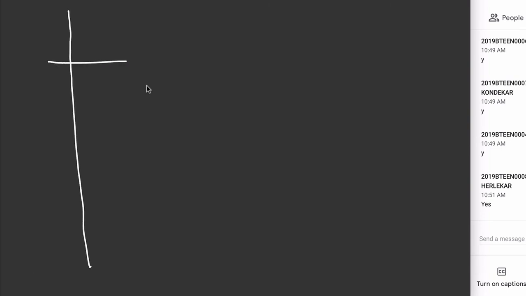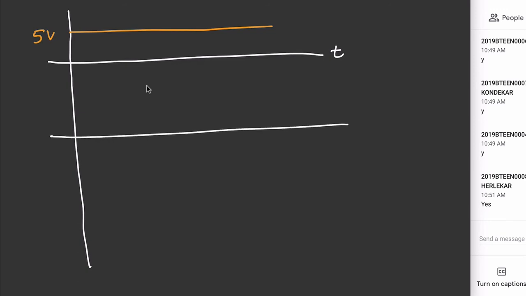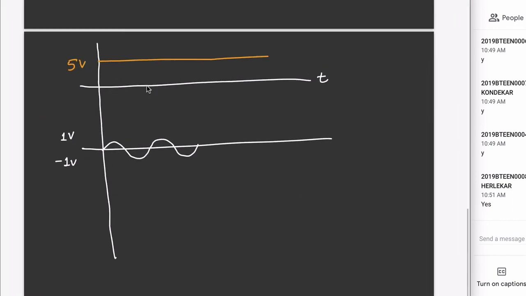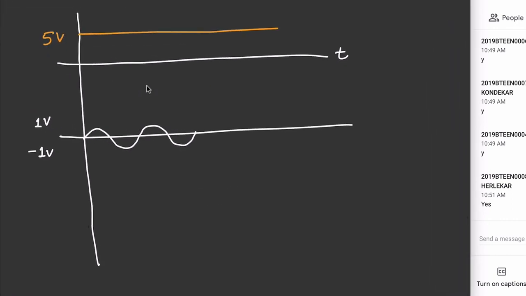Given data is like this. We have two waveforms given. One is 5 volt DC. The other waveform is a sine wave of 1 volt, -1 volt, and the time period is 1 millisecond because the frequency is 1 kilohertz.